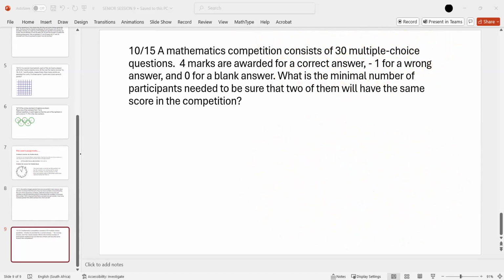Right. So this is very similar to that marbles problem that we had earlier. What is the minimal number? So what we need to do is find out how many different scores are possible. A score is the total marks.